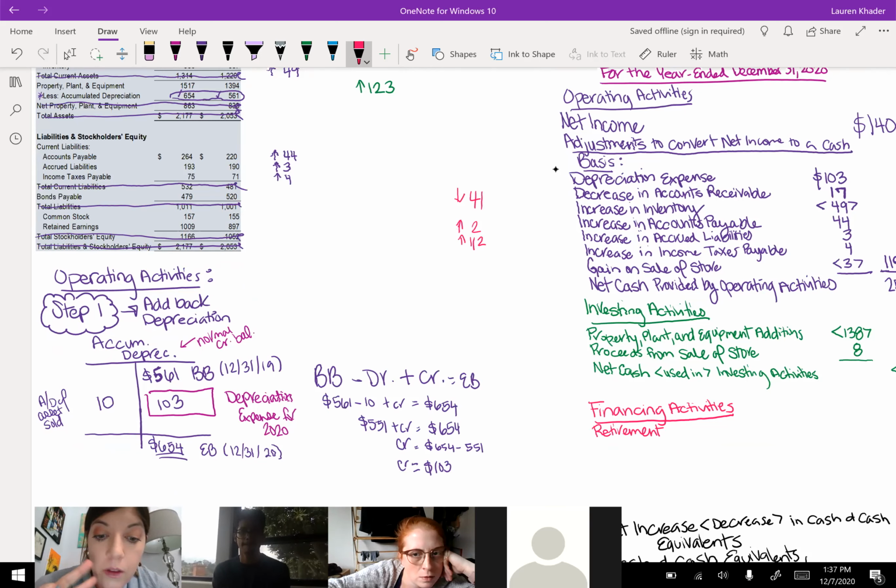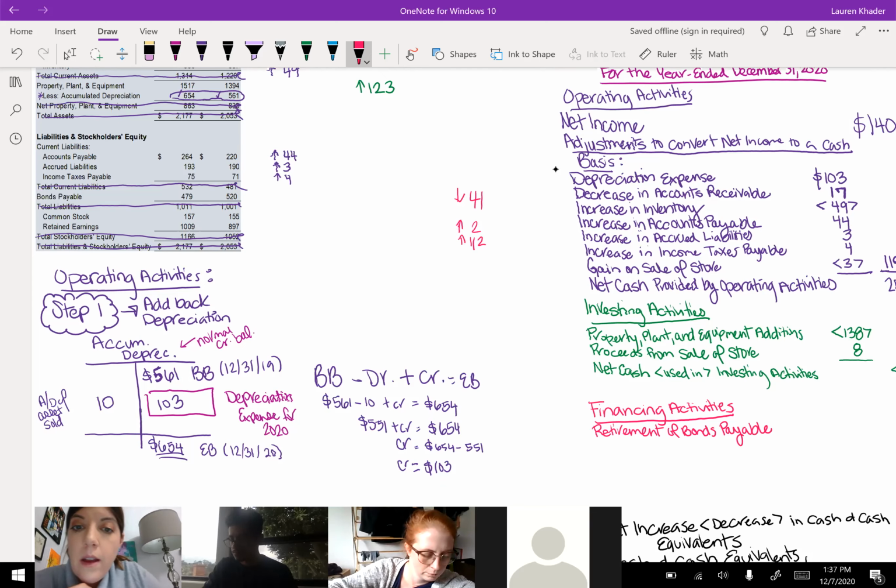We would show two separate line items, one for the inflow, one for the outflow. But since they didn't have any additional financing, it's just the retirement of bonds payable. And when we pay off bonds payable, that's a cash flow, which direction? Inflow or outflow? Outflow. So negative 41 in that inner column.